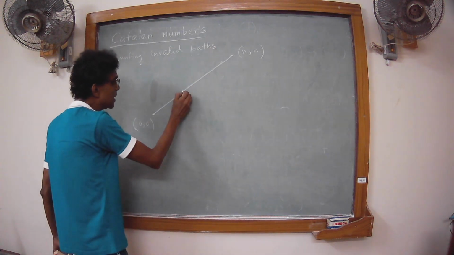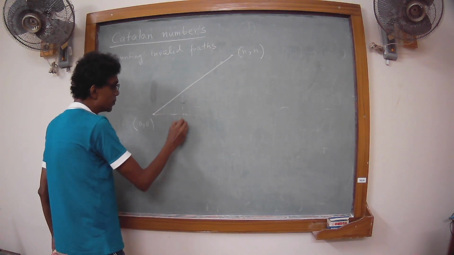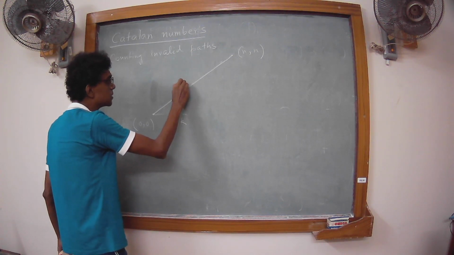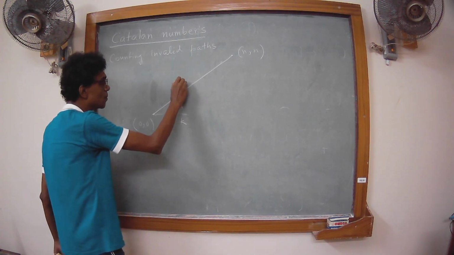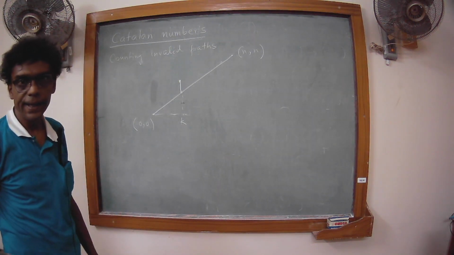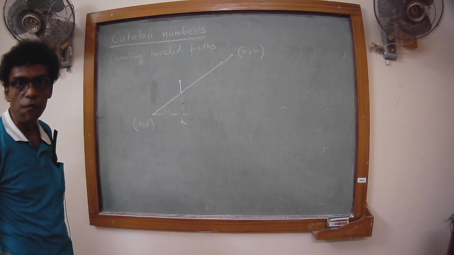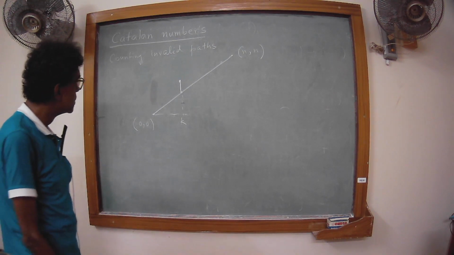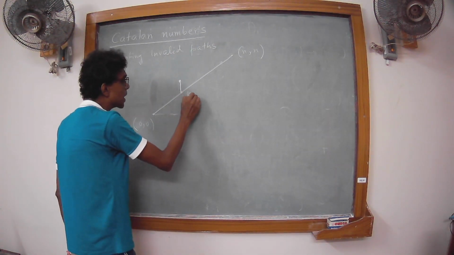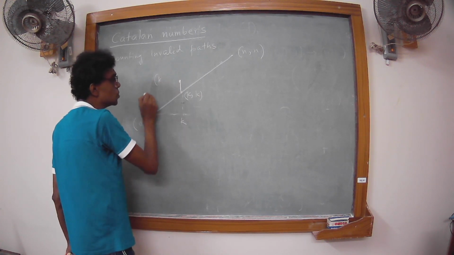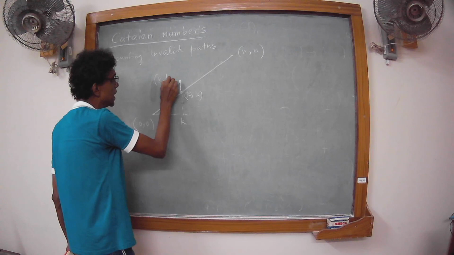So let us say the position k, k is where the path first makes a non-allowed movement. At this point it goes to k plus 1.